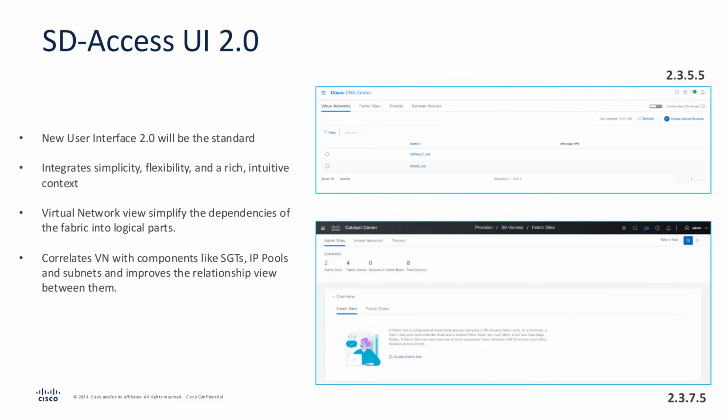The interface also now features separate pages for configuring fabric sites, virtual networks, and transits, and each of these has an overview and table view. Also, the fabric site overview page will provide you tips, insights, and progress updates on your workflows. The goal here is to streamline your network deployment and management and give you a better experience as the end user.